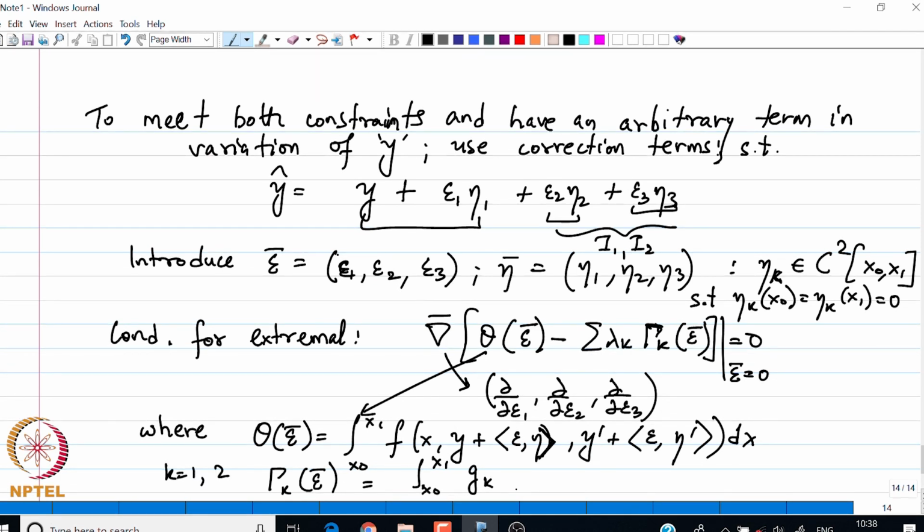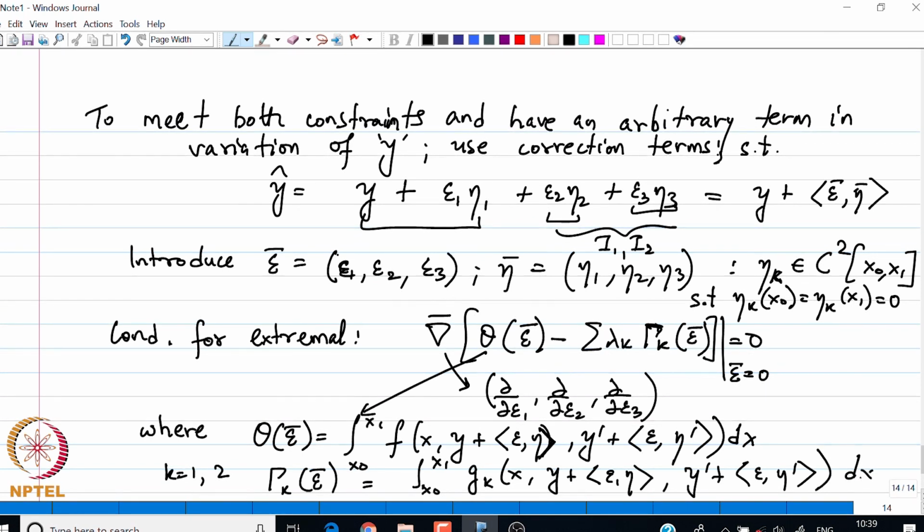Here we have 2 constraints. So, g k of x comma y plus the inner product of epsilon bar comma eta bar, that is how the dot product works: y plus epsilon eta comma y prime plus epsilon eta prime, dx. Okay. So, these are my functions.